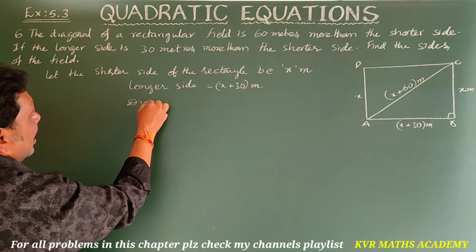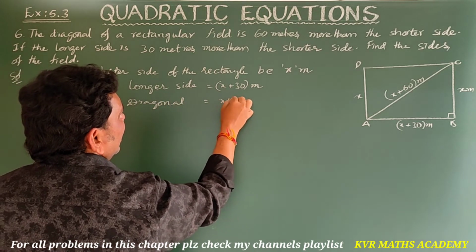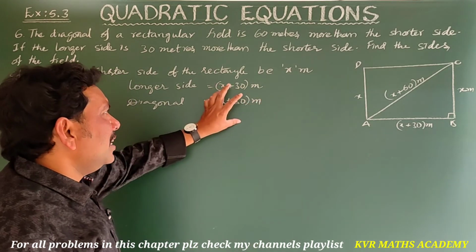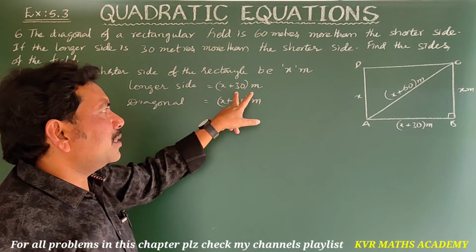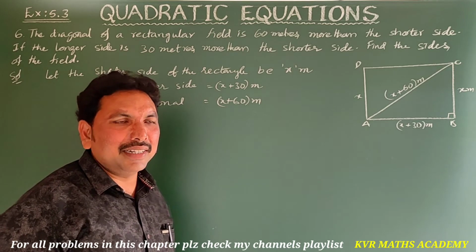Now its diagonal is equal to x plus 60 meters. Are you following properly? See, this is the shorter side x, this is the longer side x plus 30 and diagonal will be x plus 60 meters, right?